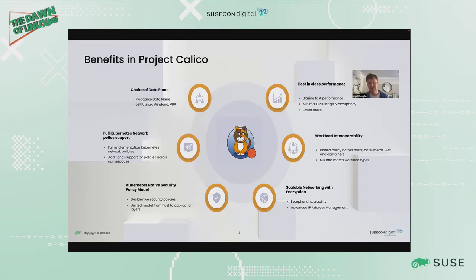If we can use BGP to extend to the underlying IP fabric, then we can scale to the limits of Kubernetes really. So it's a highly dynamic environment, Calico scales very well, and like I say, it performs well against other solutions.